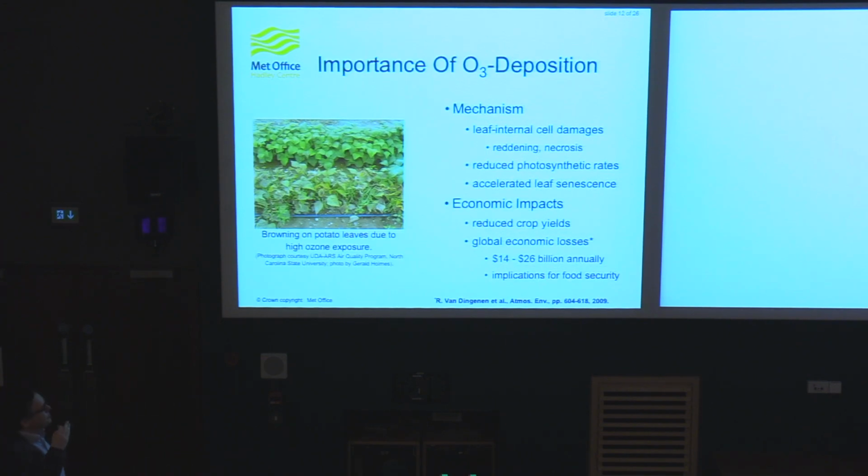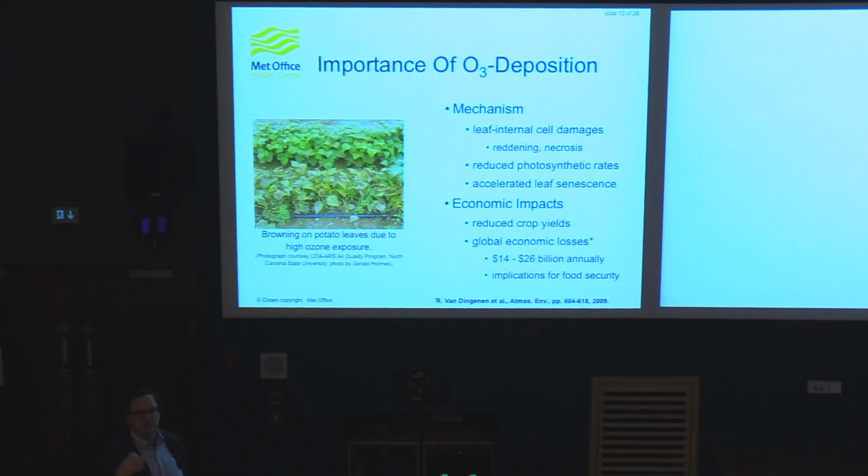So I mentioned already that plants are very effective in removing ozone from the atmosphere, but that works, as I said before, by leaves mainly actually taking up compounds from the atmosphere.